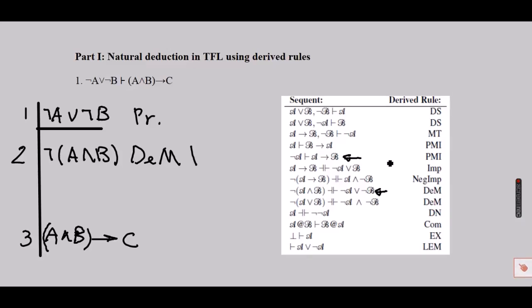So here on the left, we have the negation of A and B. So we can get A and B arrow whatever we want. And in this case, we want C. So from not A and B, using PMI, we can get A and B arrow C. And the problem is done. So you just need to cite the rule here, PMI, and we're applying it on line 2.